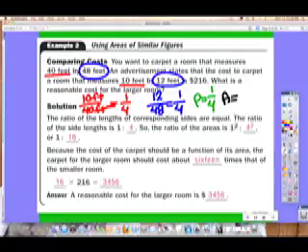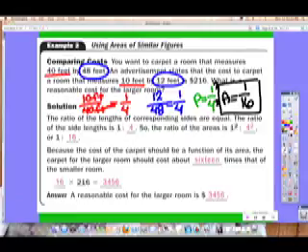So this is saying this 1 is your smaller room compared to 16 for the bigger room. So what do we have to do to the area of the smaller one? You would have to times by 16 to get the area of the bigger one. So take that 16, which we found by finding the area.